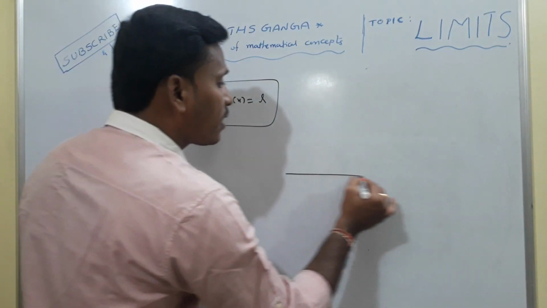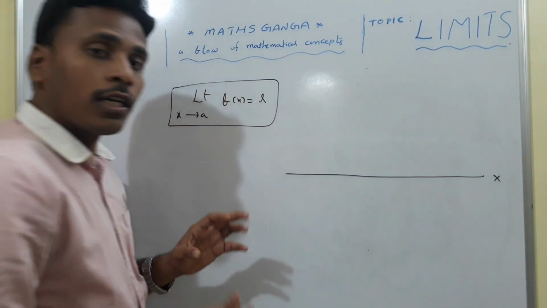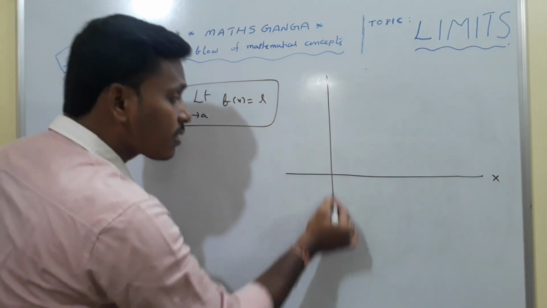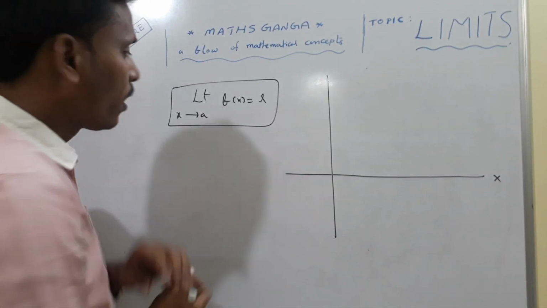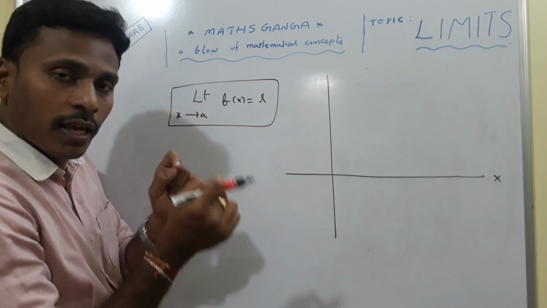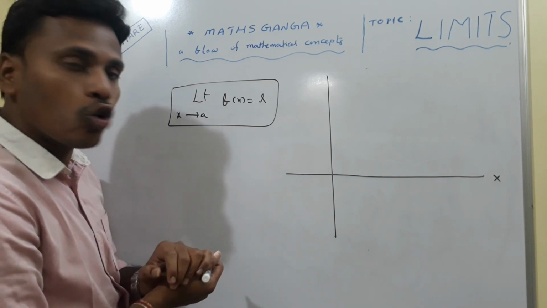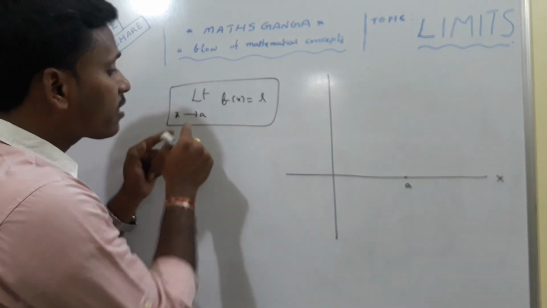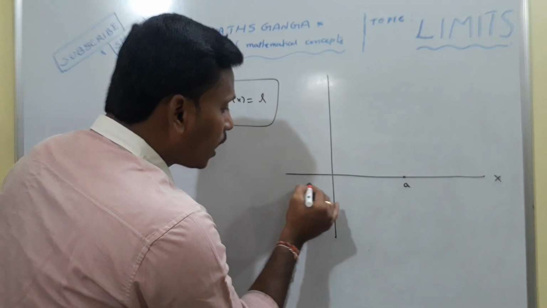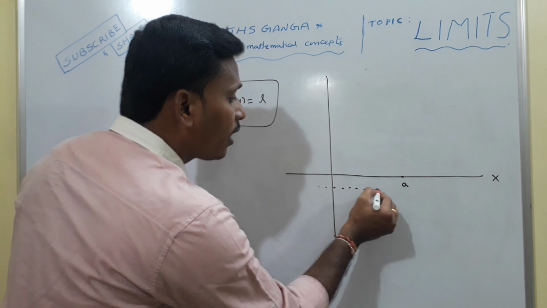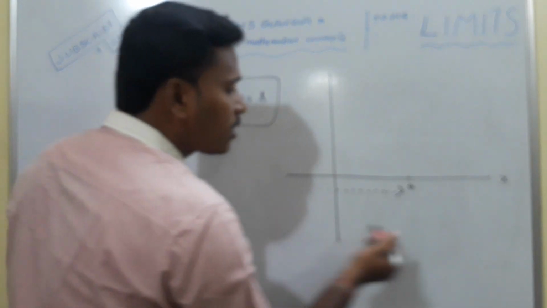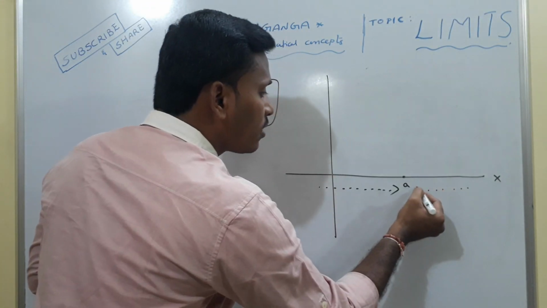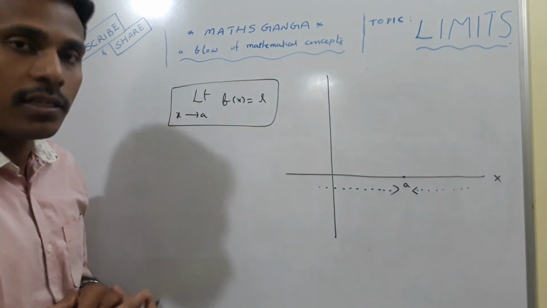Graphically, x-axis is for domain and y-axis is for codomain. See, as x is approaching A, A is a point in the domain. So A is a point on the x-axis. And since x is approaching A, the value of x is running towards A, either from this side or from that side.